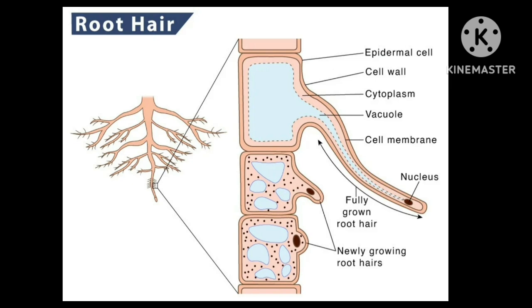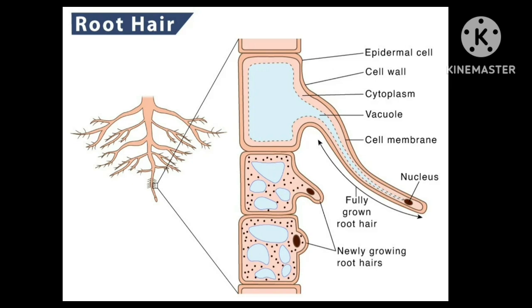The cell membrane encloses the cytoplasm and its contents like the nucleus and other organelles. This facilitates the movement of water and dissolved minerals into it. The cell sap in the cell is more concentrated and contains more solutes compared to the surrounding soil water.